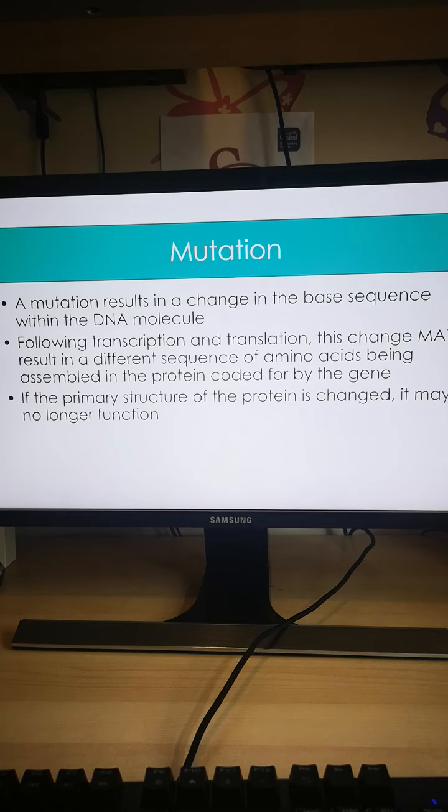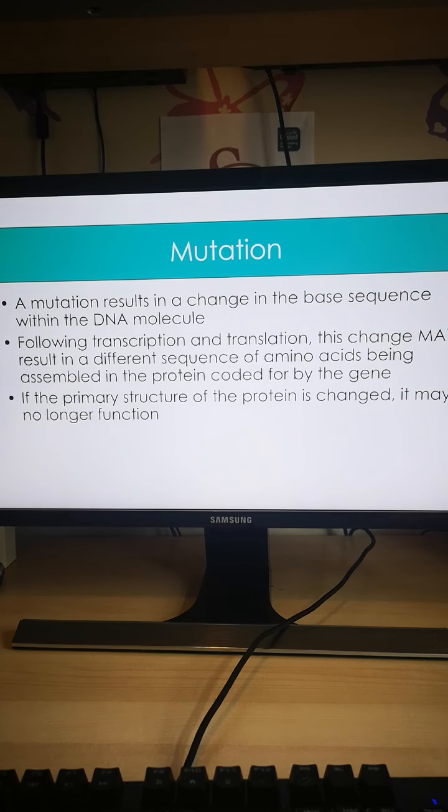So although the mutation we're looking at might cause a protein to be coded for that has got a different primary structure, and that might mean that the protein doesn't work, this is what causes quite a lot of genetic disease, non-functioning proteins. Equally, a mutation might be of benefit to an organism. So we'll come back to that idea later on, once we've got our head around mutation a bit more.